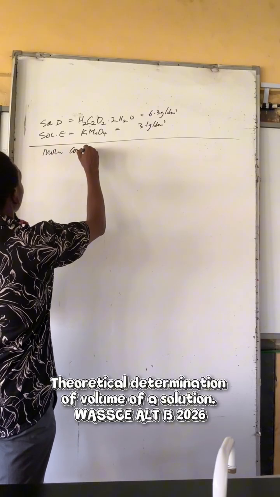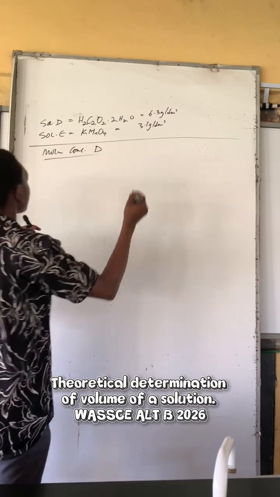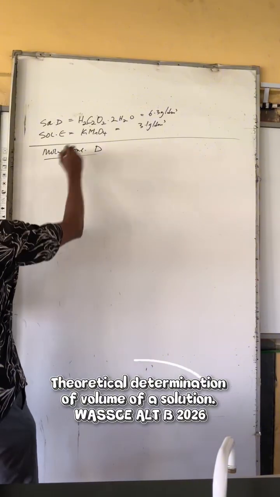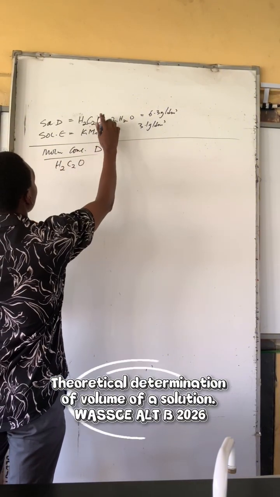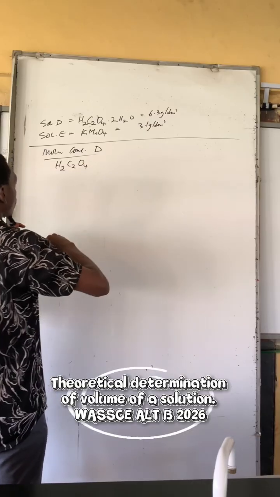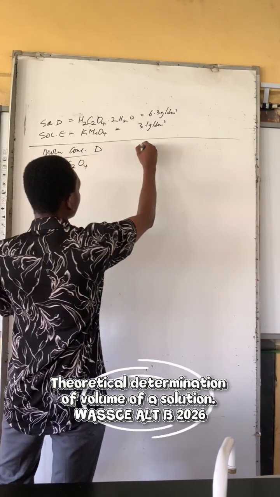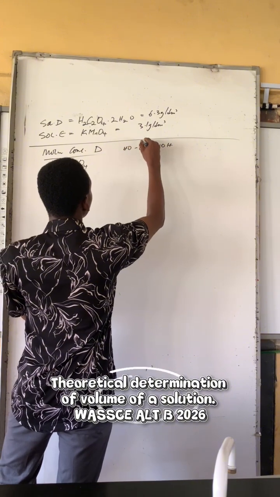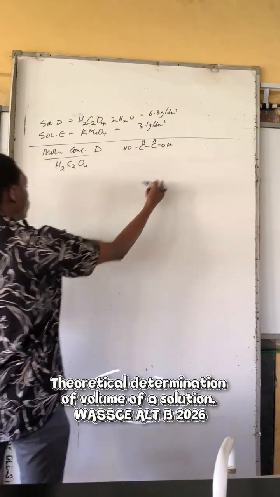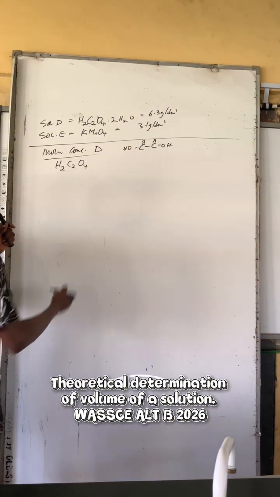So first of all, molar concentration of D. Let's simply do that. We know that it is H2C2O4, oxalic acid, also written as this. This is the structure for oxalic acid, right?